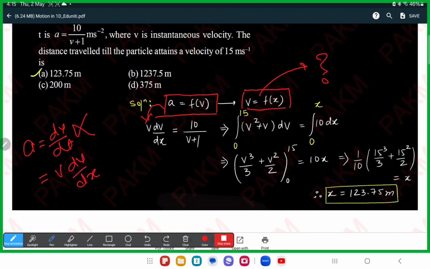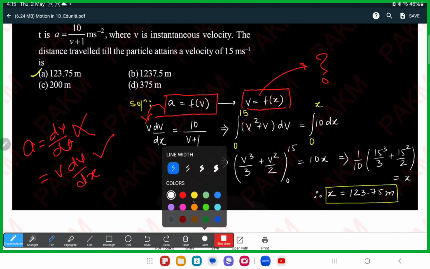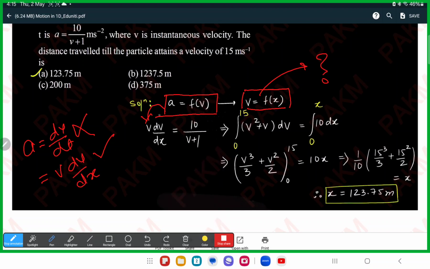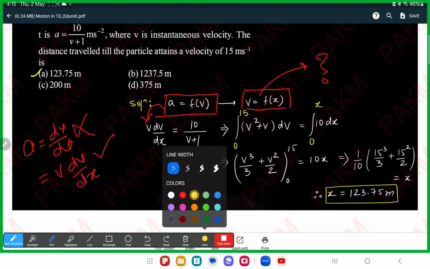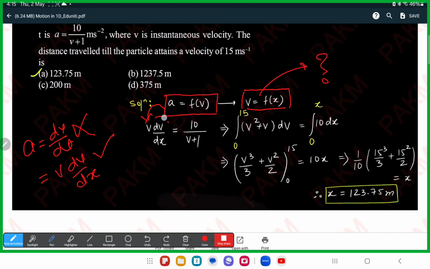Now t is not essential here, that's why we will apply the basic formula, that is v dv over dx. So v dv over dx is equal to 10/(v + 1).